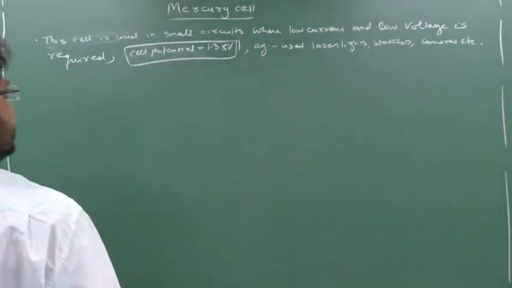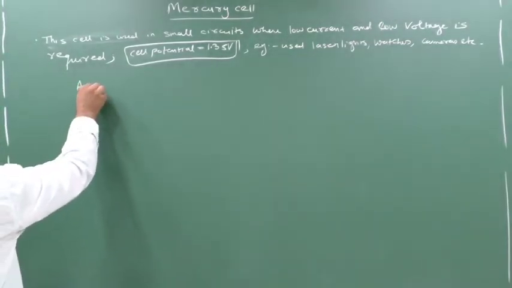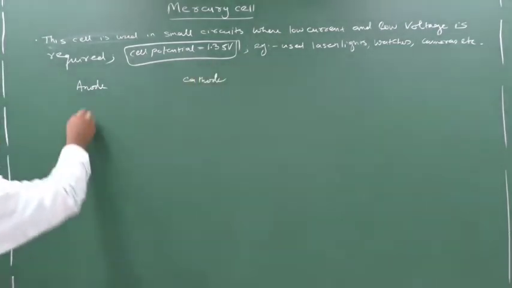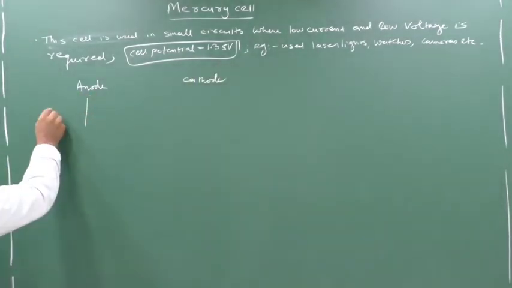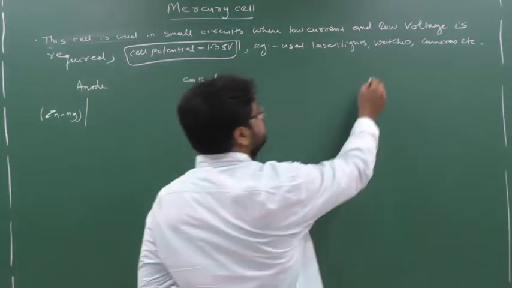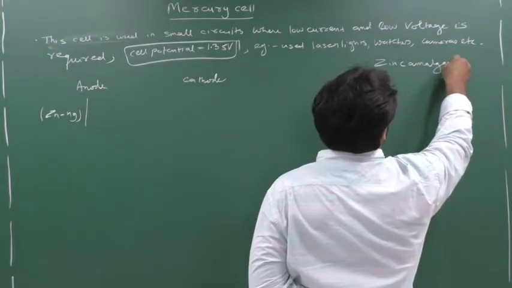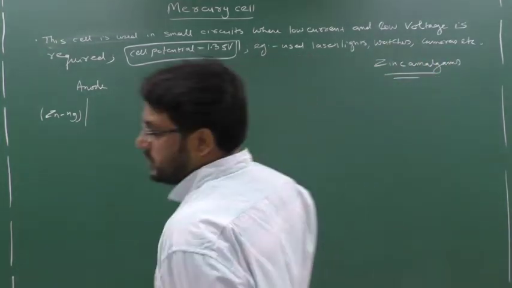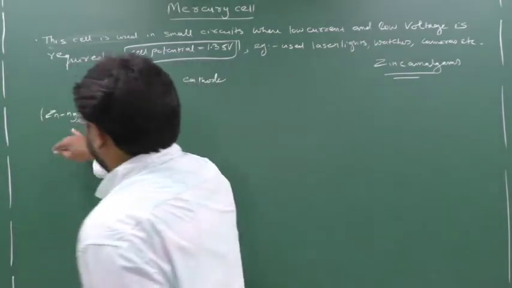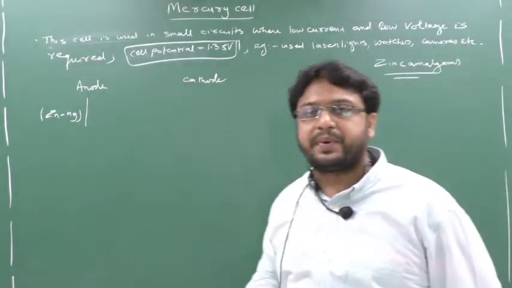Now you have to understand which is anode and which is cathode. How to remember? I will write down anode and cathode, and we will see the electrolyte. Here the anode used is zinc amalgam, Zn-Hg. And what do we mean by amalgam? It means a solution prepared in mercury.